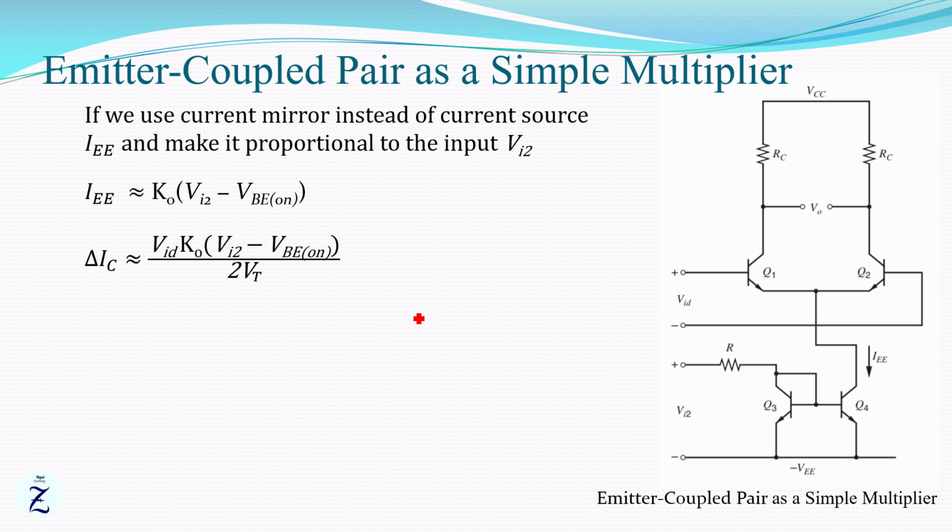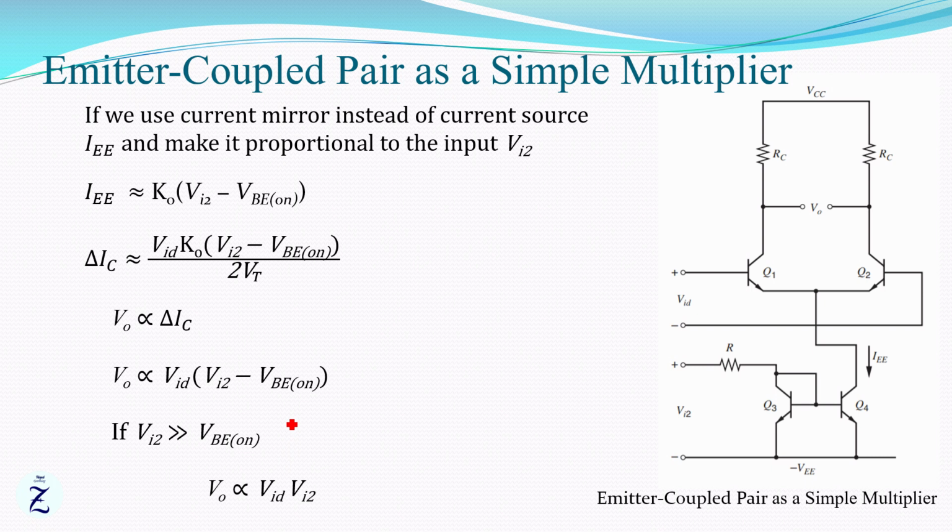Here the output voltage depends on the change in collector current, hence we can say that Vout is directly proportional to VID into VI2 minus VBE on. If VI2 is very much greater than VBE on, we can ignore this VBE on, then we can say that V0 is directly proportional to the product of VID and VI2.